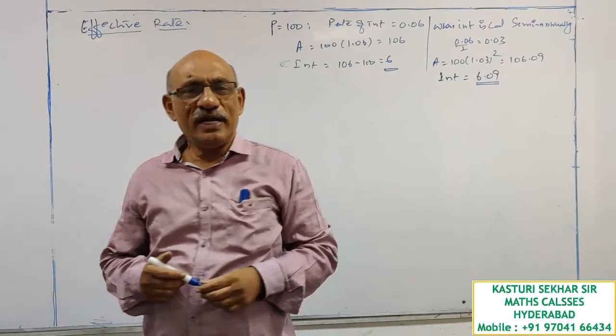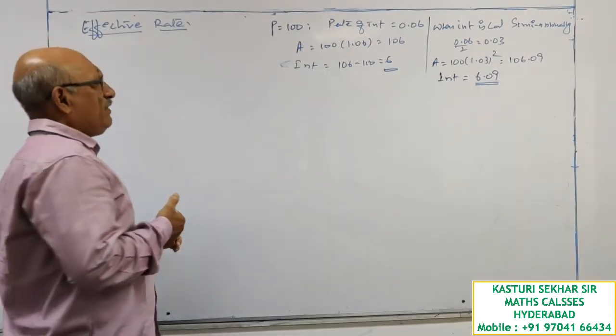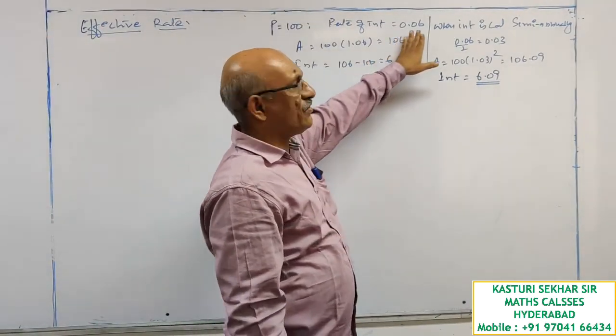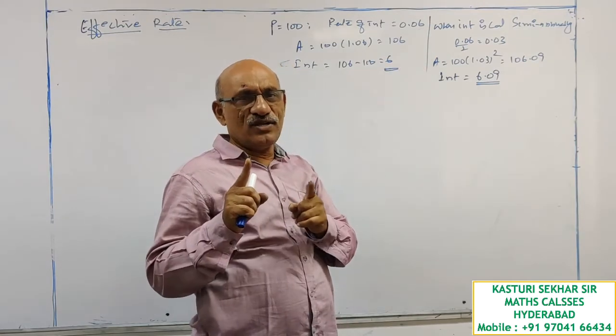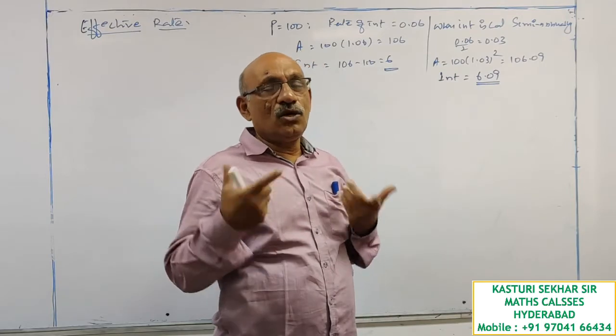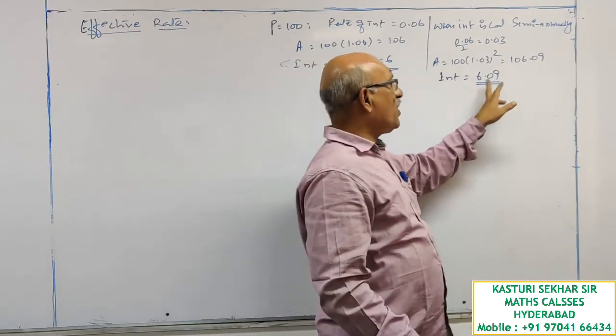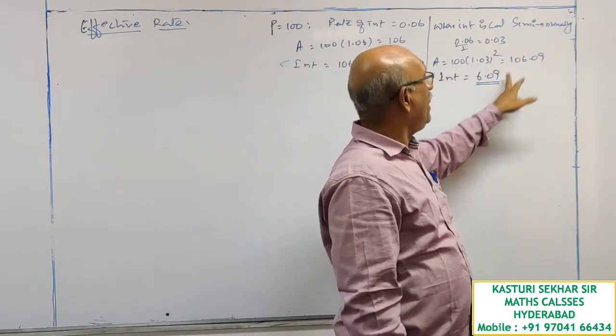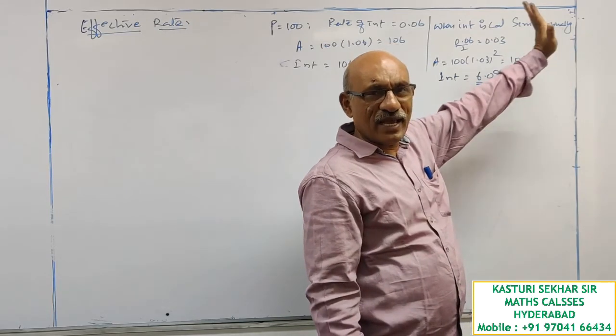One more time I am repeating this point. When nominal rate of interest is 6%, that is when interest is calculated one time in a year, 6%. So what is its effective rate? 6.09% when interest is calculated semi-annually.